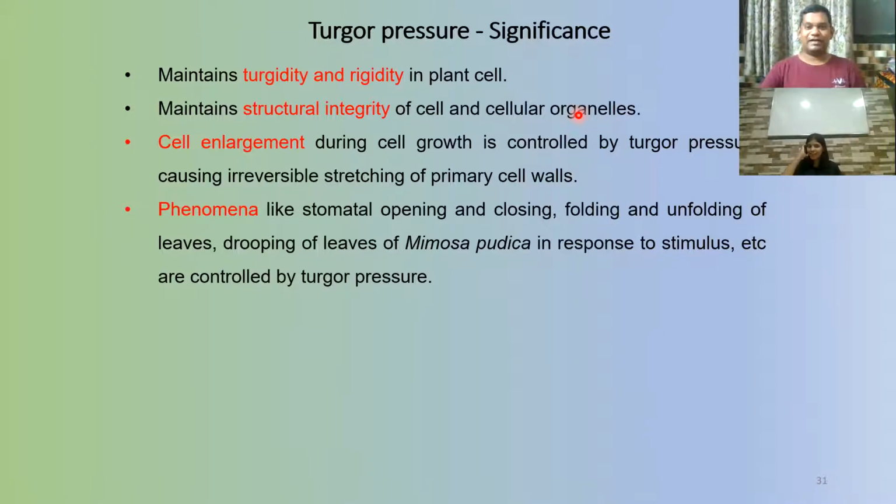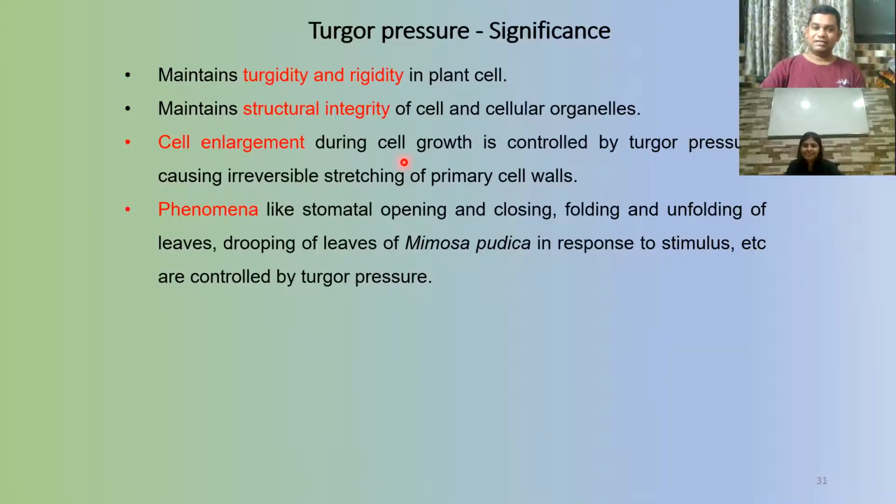If the vacuoles are shrunken, if the plastids are shrunken, their functioning will be affected. So that's why the structural integrity is also necessary. That is brought about by turgor pressure, TP.